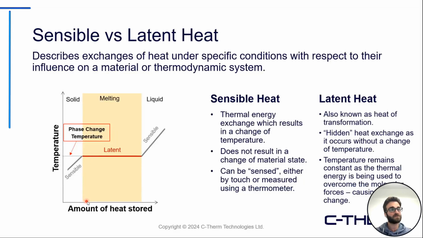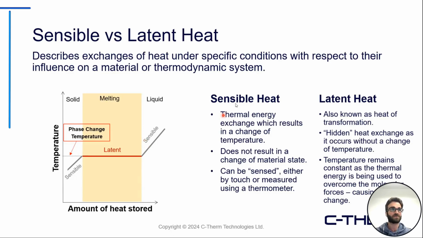But as we're still introducing more and more energy, more and more heat being stored in the system, the temperature of the material, of these phase change materials, remains constant, and that's the latent heat effect. And then once it goes fully through, of course, it will enter a fully liquid state and return to sensible.